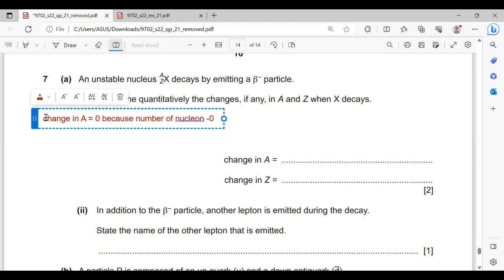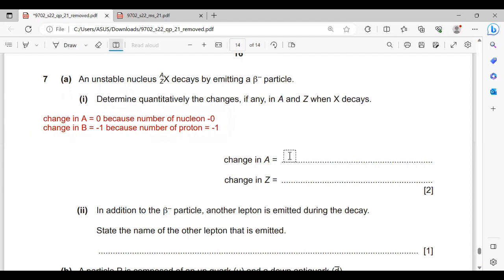While change in Z equals -1, because the number of protons equals -1. So the answer here is 0, and this one -1.